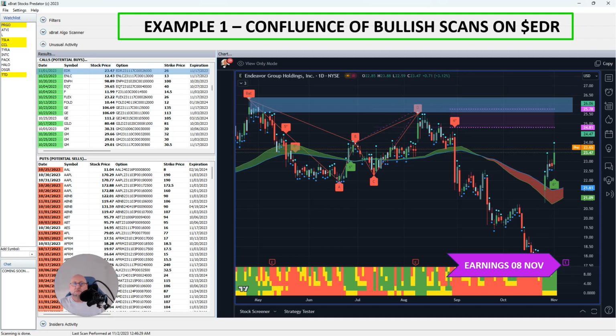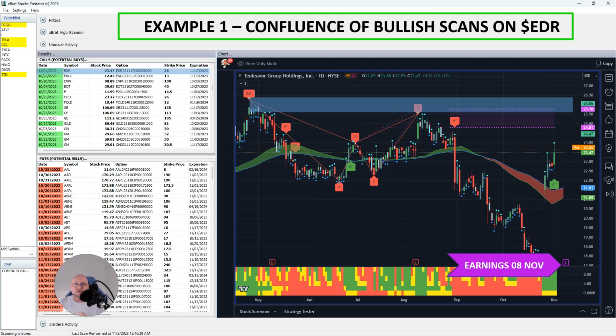In theory, what we're looking for is we've had that unusual options activity on the 1st. Also on the 1st, on those smaller time frames, on the 4 hour in particular, we had 2 signals for xBrat algo and the roller coaster, and then on the 2nd we had intraday with that VWAP predator buy, and the daily candle closed with a 6-star buy in the xBrat algo.